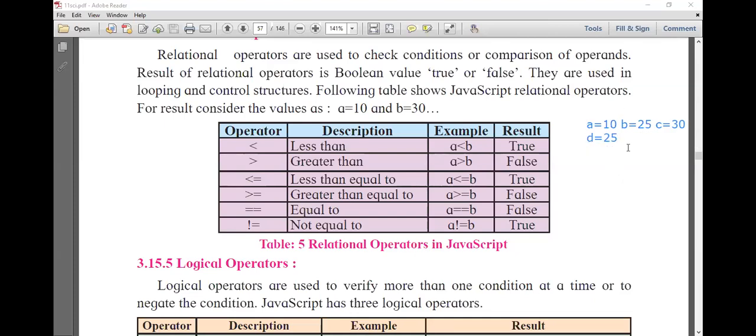Now you tell me what will be the answer. If I write A greater than or equal to 30, what will be the answer? A less than or equal to 30, what will be the answer? Yes, give me the answer in the chat box.